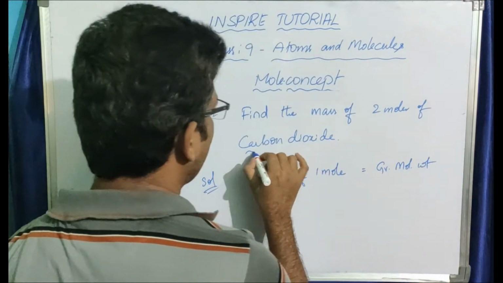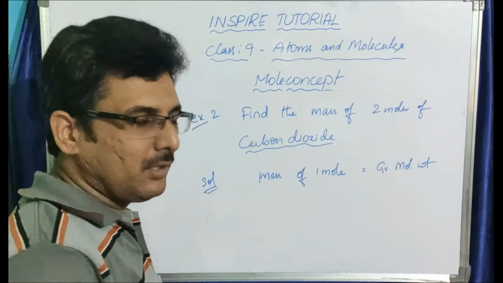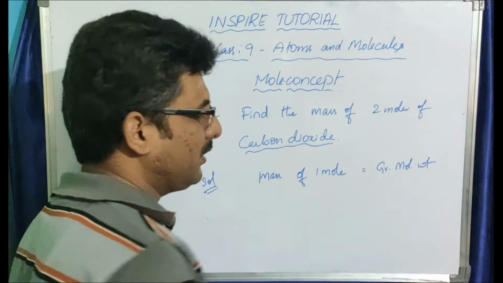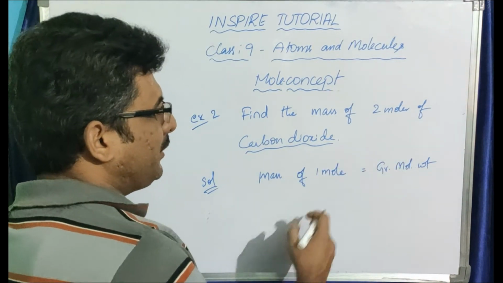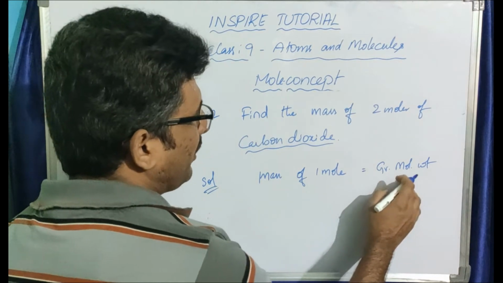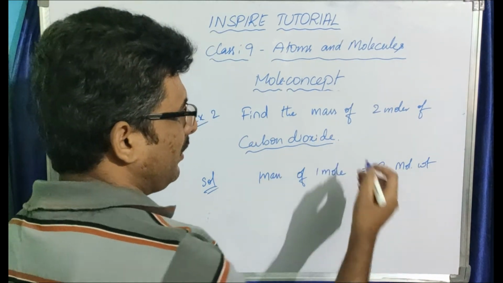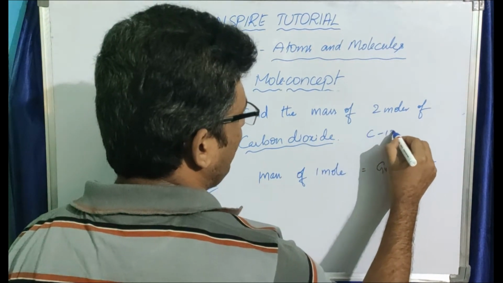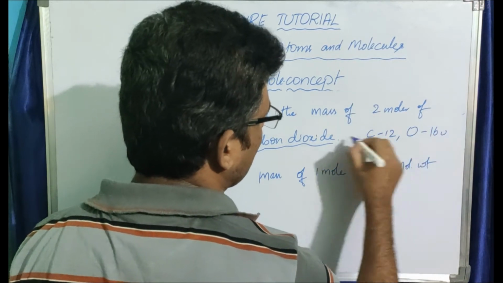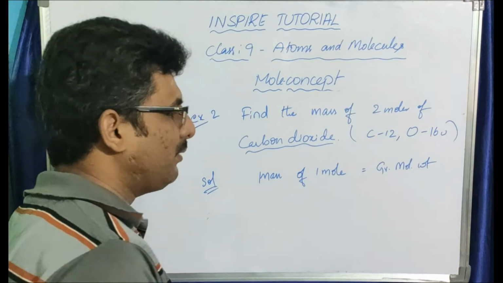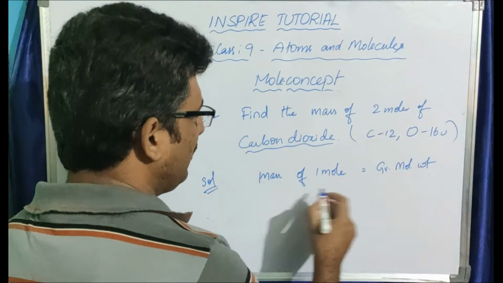So again we are taking carbon dioxide, which will contain molecules, so you need to take gram molecular weight. Okay, so you need to find the gram molecular weight of carbon dioxide, and the atomic weight of carbon is 12 units and that of oxygen is 16 units. Okay, so from this we can find gram molecular weight.